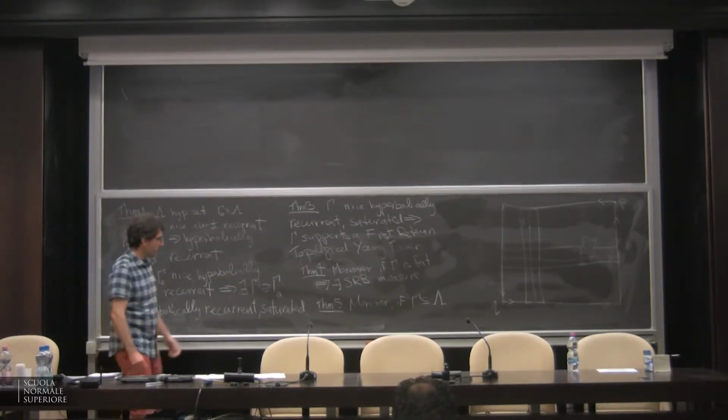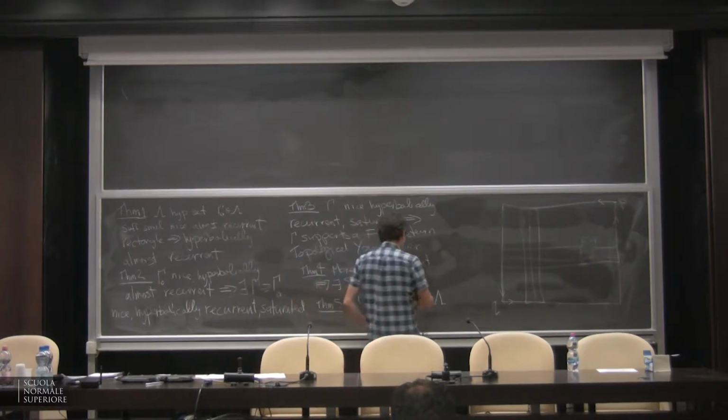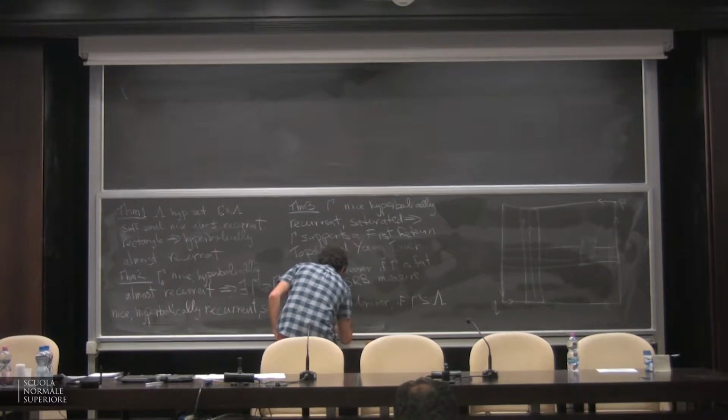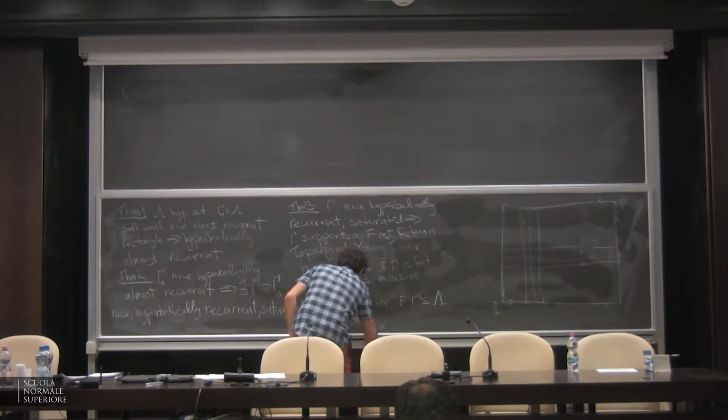Okay, this is kind of implicit. But if gamma is in the hyperbolic set, then this implies that there exists an SRB probability measure.